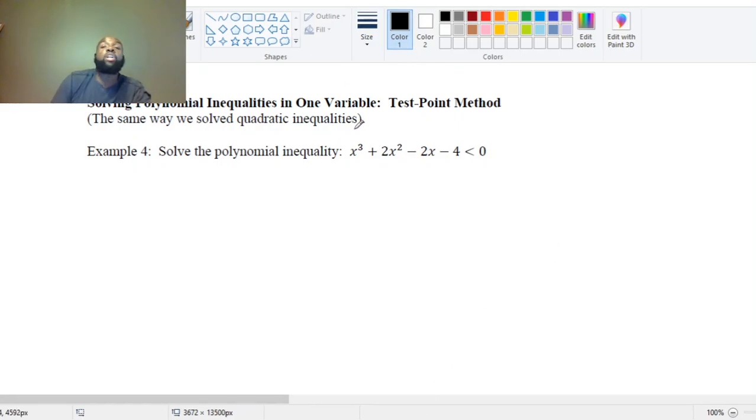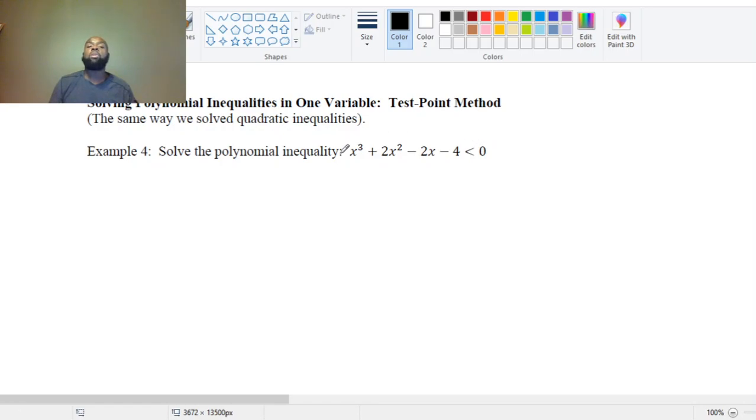We're going to use the test point method, the same method we used for quadratic inequalities. We find the zeros of the polynomial, plot them on the number line, and choose test points in between to substitute back into the polynomial function to see if we get a value greater than or less than 0. Then we'll pick the intervals that match the inequality that we have.